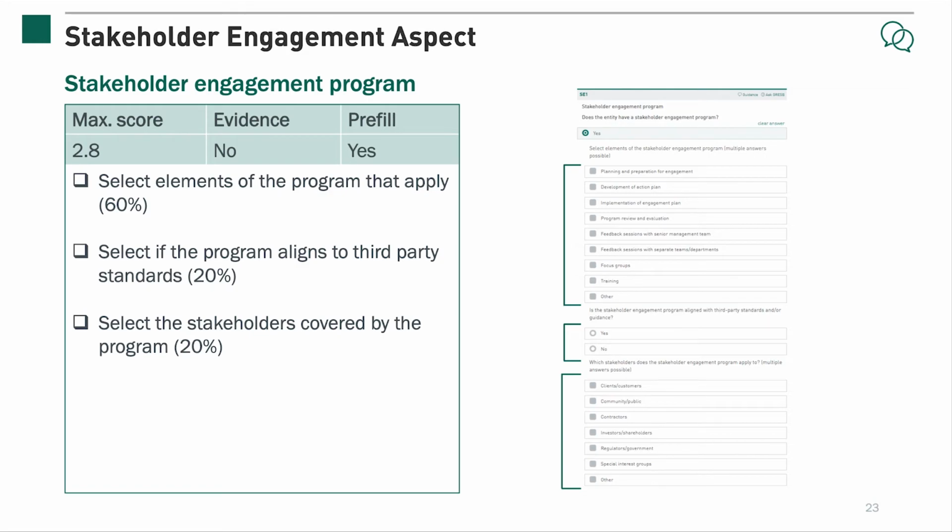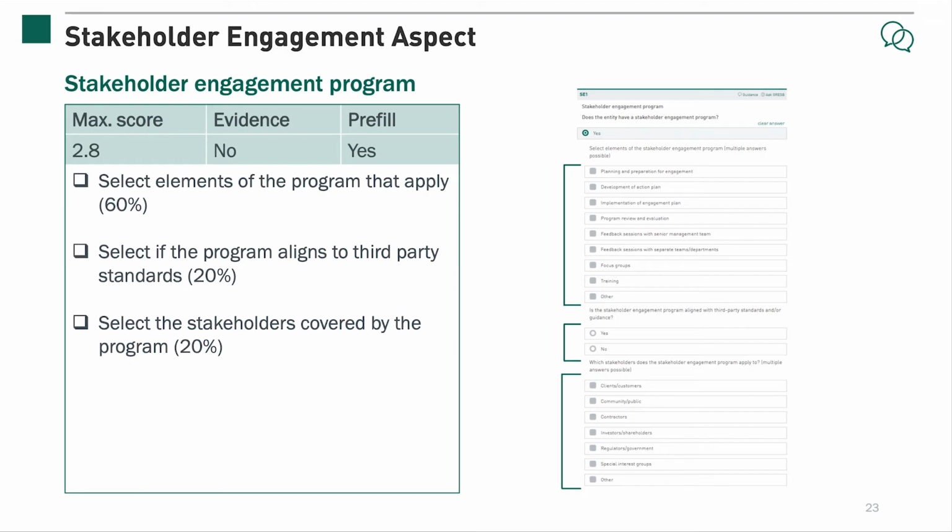The intent of the first indicator in this aspect is to assess the existence, scope, and reach of the entity's stakeholder engagement program. The first section covers the key elements of such a program. Select all which apply. This section is worth 60% of the indicator.